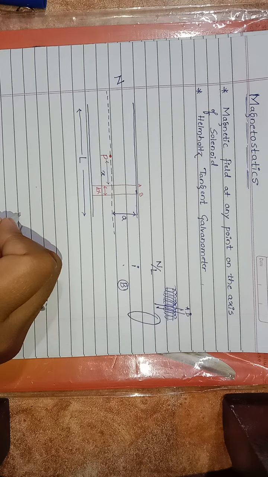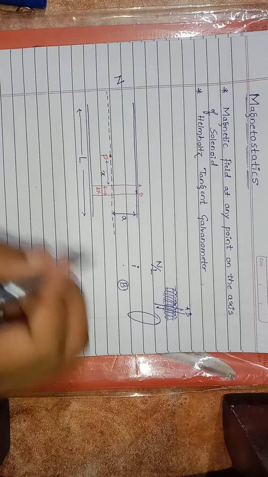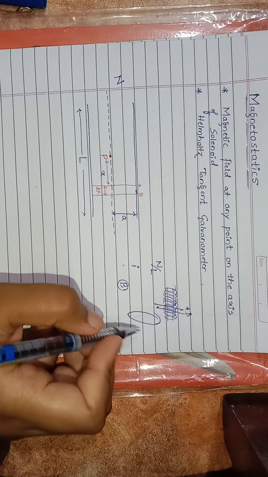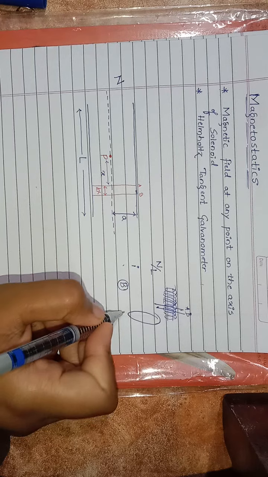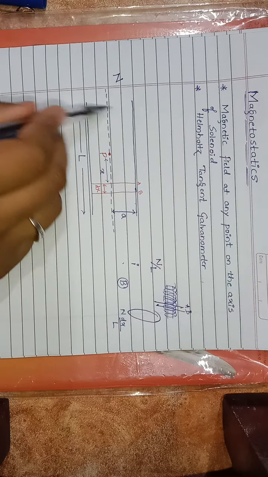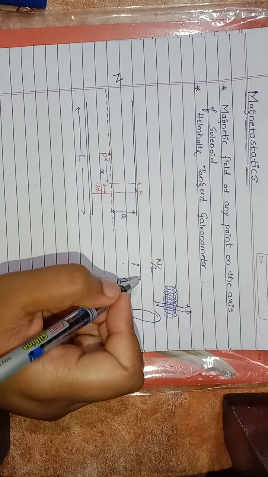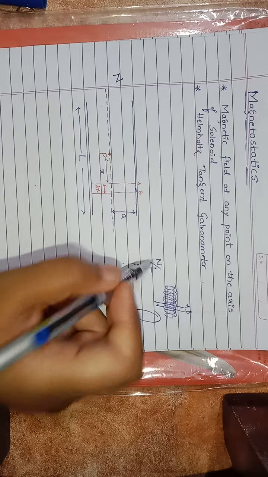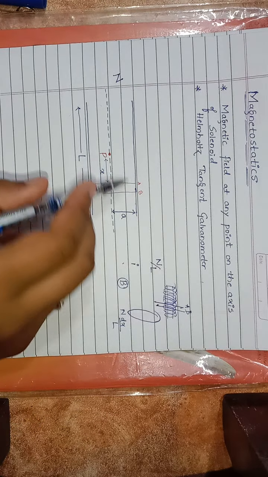It is one circular coil of radius a, which has n dx per L turns. Because for the whole solenoid, the total number of turns is N divided by L per unit length. We are considering only AB now.